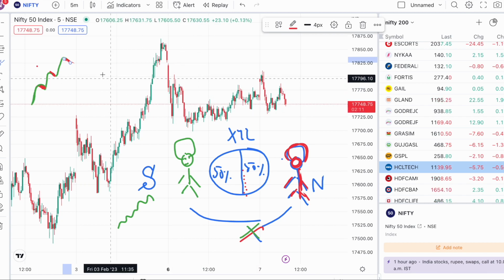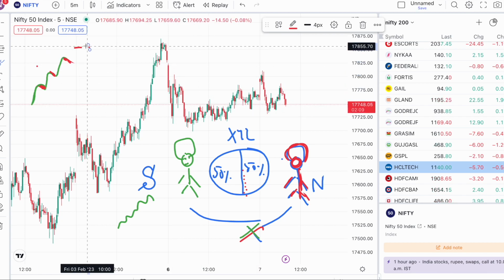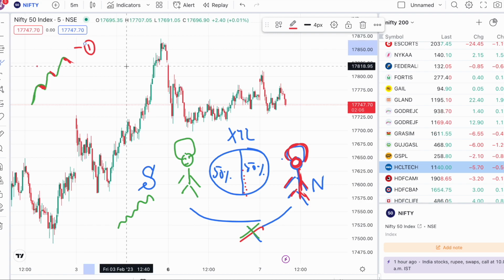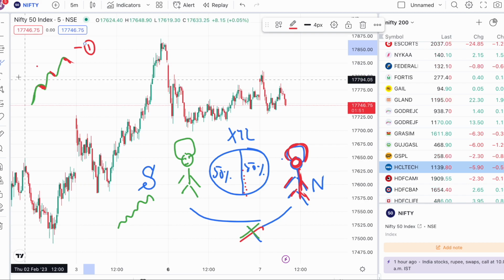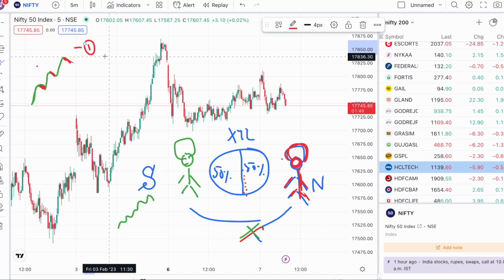Now you have to understand two things over here. What does it imply? You might directly say that the green king is winning and giving a good fight, but we only have to think what it might imply.